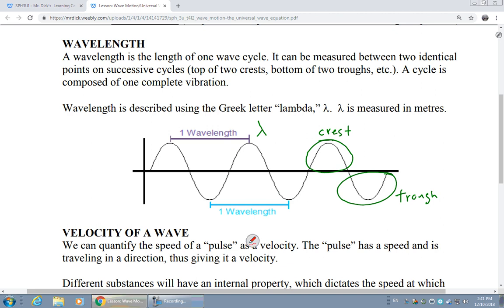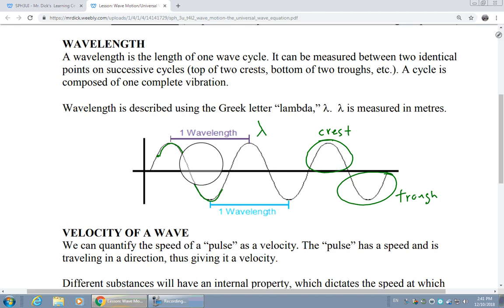It doesn't even have to be a crest or a trough. If I pick a random point on my wave, as long as I go all the way up, come all the way back down, and then up to the same level in the wave, I have traced out one complete wavelength as well. If I measure that distance across, that would also be one full lambda.